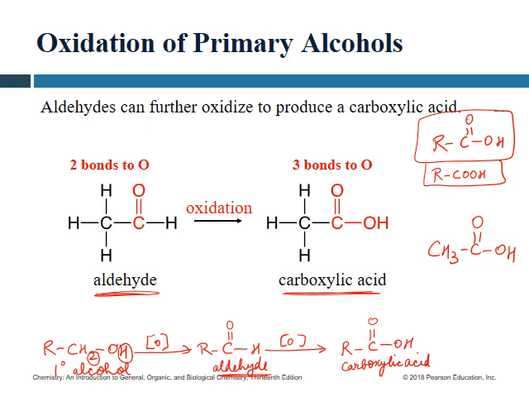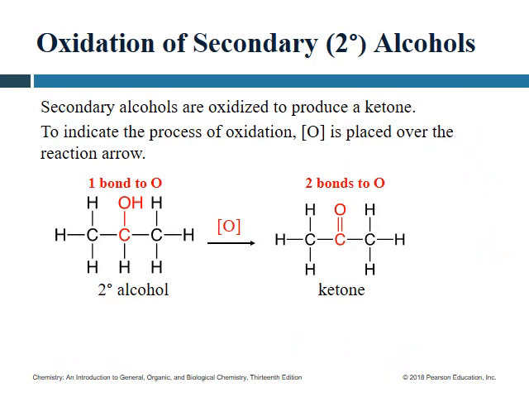Whereas secondary alcohols, they essentially form ketones. If we have secondary alcohol, what would the secondary alcohol do? In this case, you can see this is the alcohol. When oxidized, what does it do? It loses this hydrogen from OH and it loses one more adjacent hydrogen from the same carbon.